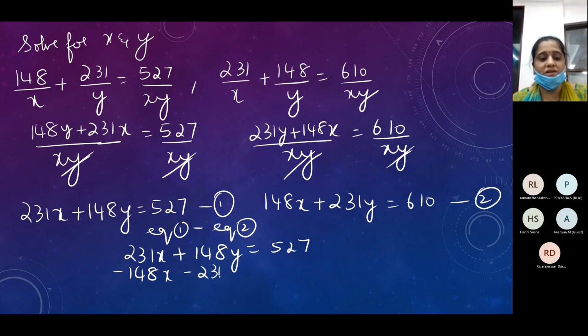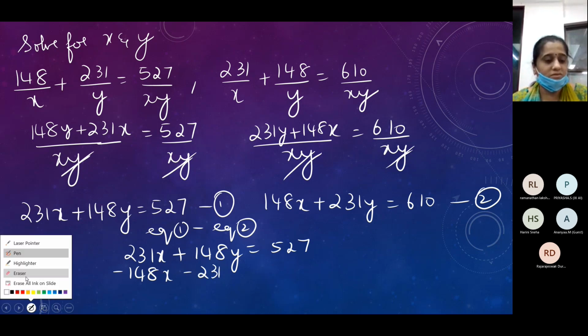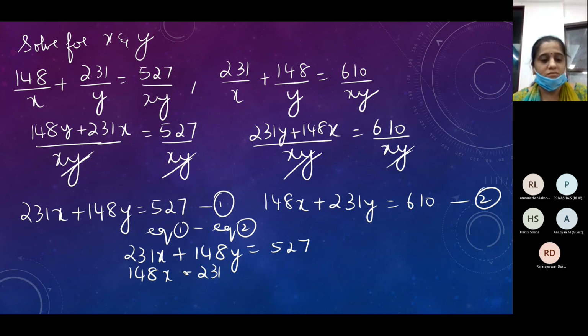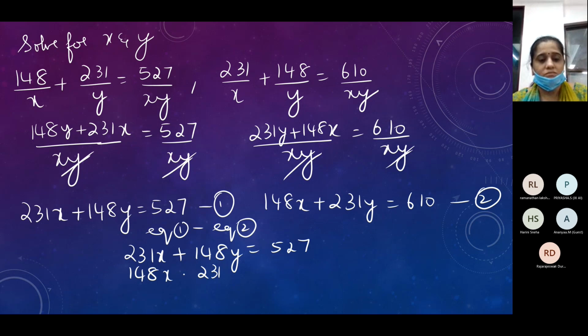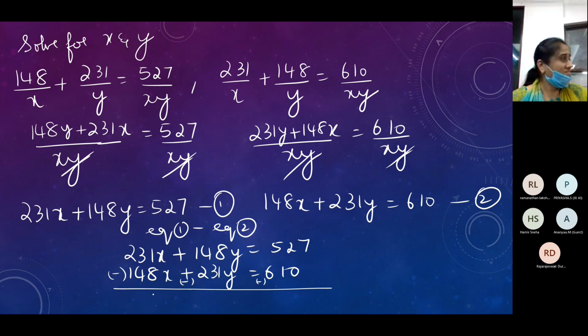Changing the signs in the second equation. You won't change it like this. What's the subtraction? Which is it? 83x minus 83y is equal to minus 83.